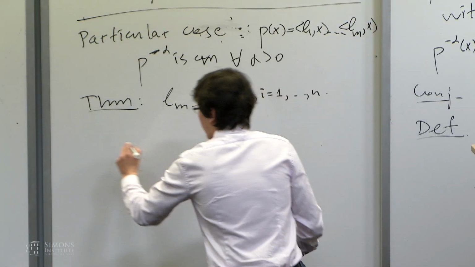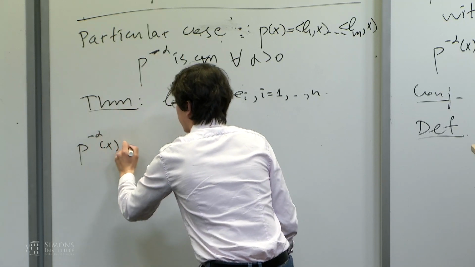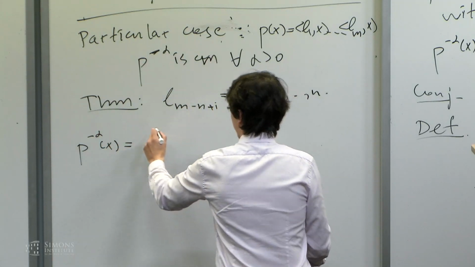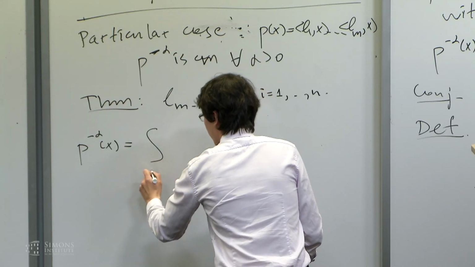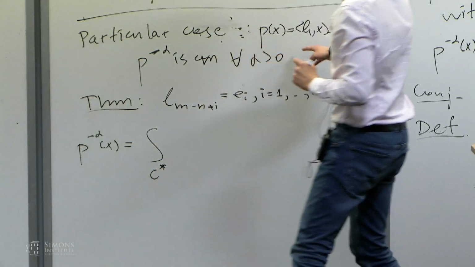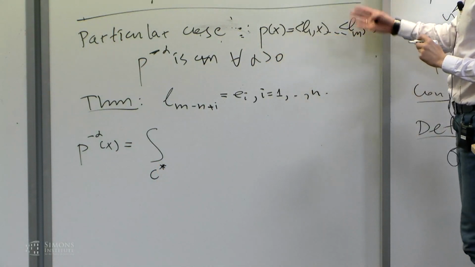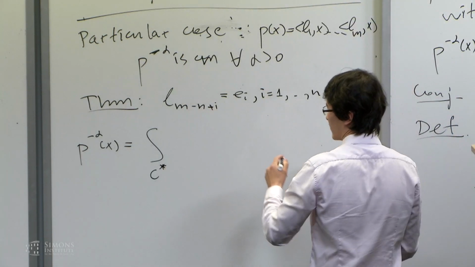Okay, then p to the power minus alpha of x admits the following representation. It's an integral on the cone C star, which is in this case a polyhedral cone, because p is defined by linear forms. My hyperbolicity cone is polyhedral.